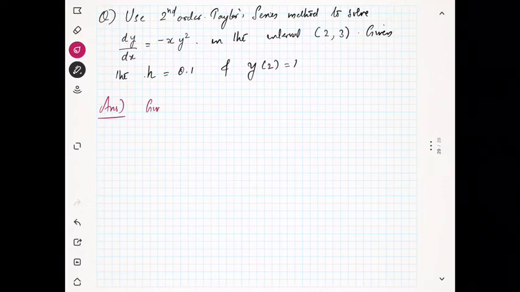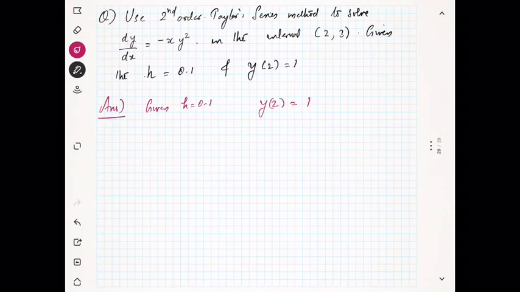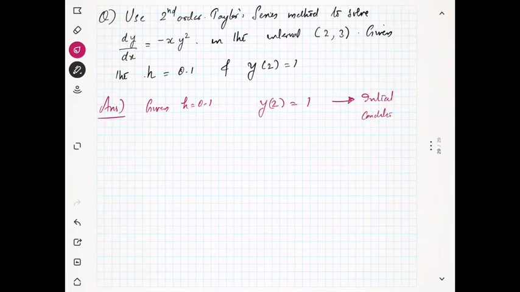Given h is equal to 0.1 and y of 2 is equal to 1, that is nothing but the initial condition. We have an interval starting at 2 and ending at 3. And what are the points?